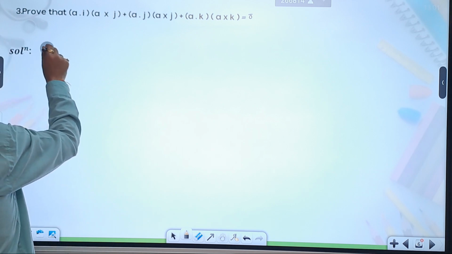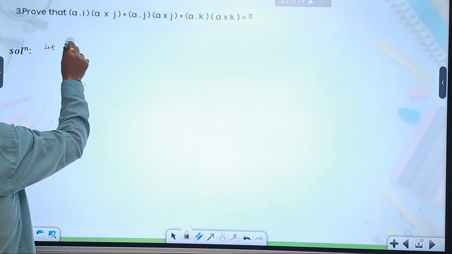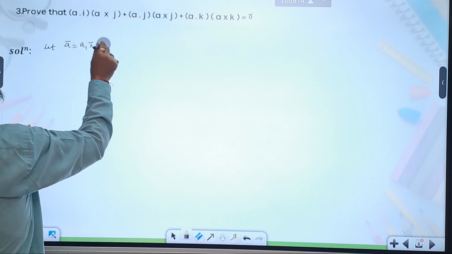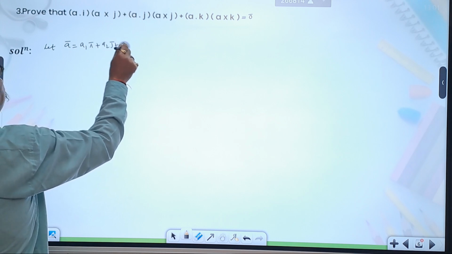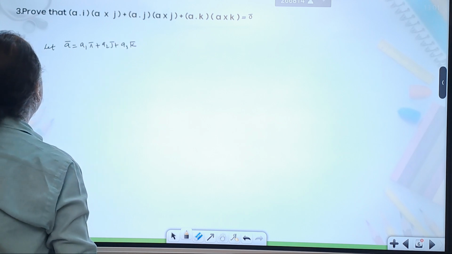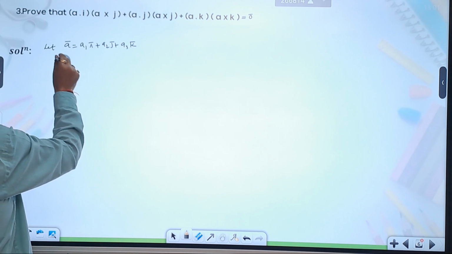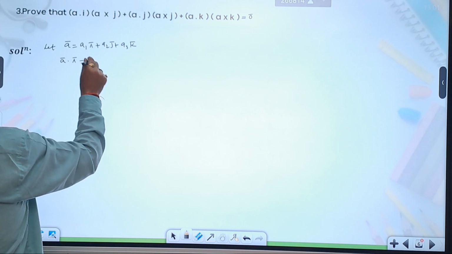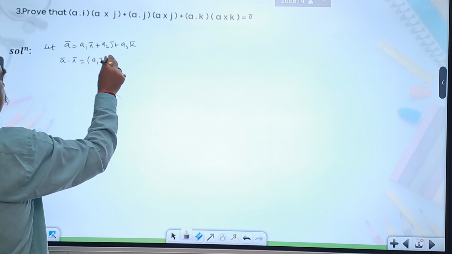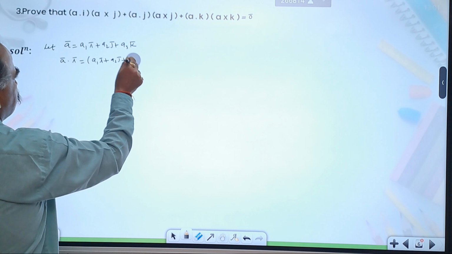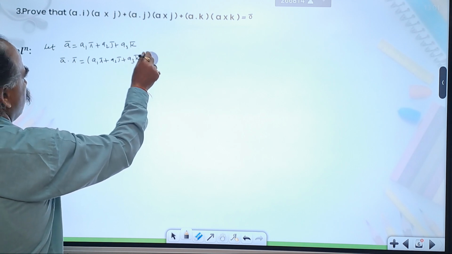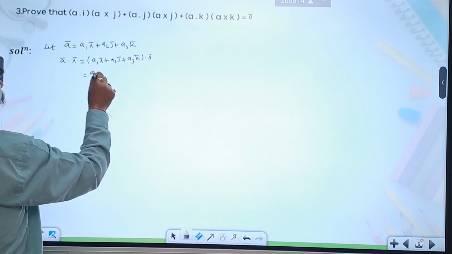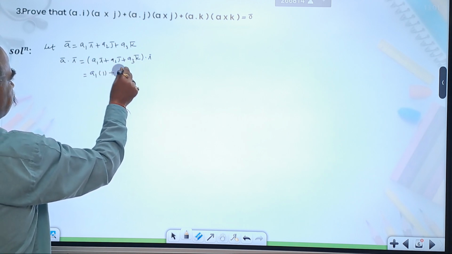Let a bar be A1 i plus A2 j plus A3 k. a bar dot i bar is what? A1 i plus A2 j plus A3 k dot i will give you A1. i dot i is what? 1, and the other terms are 0.